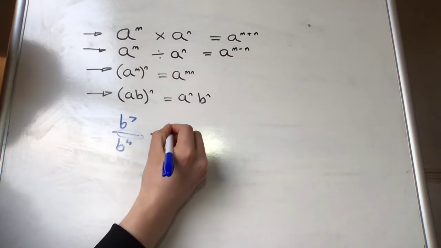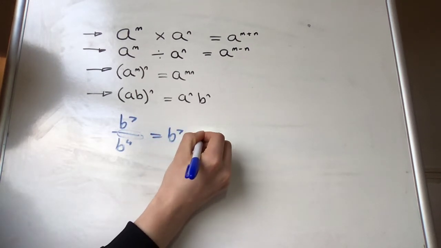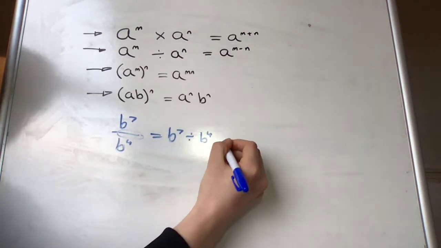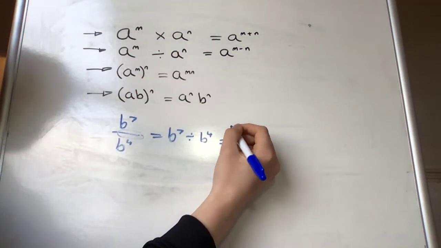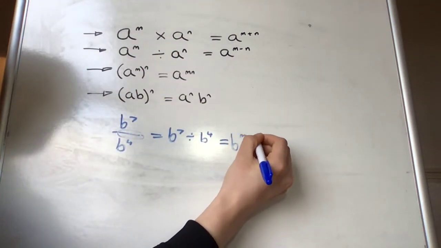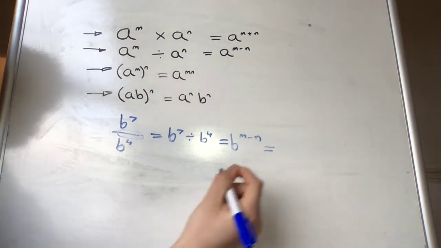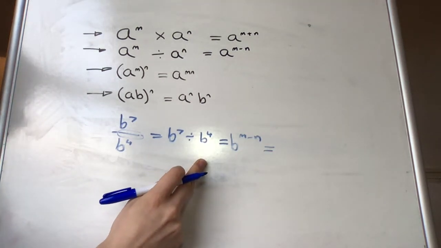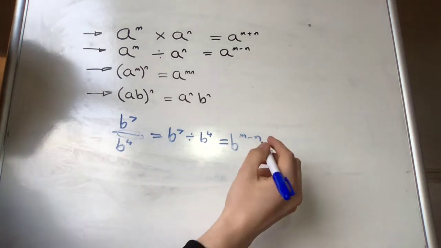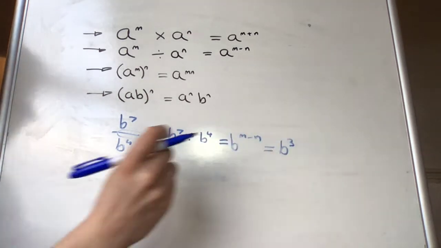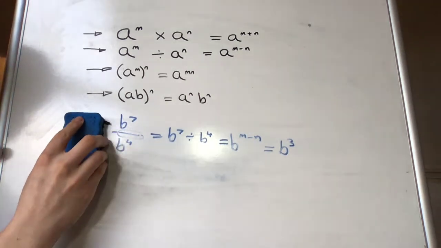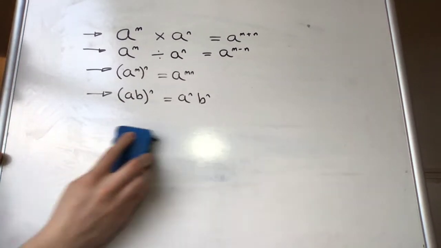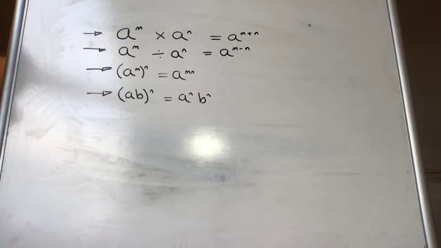So this is saying b to the power of 7 divided by b to the power of 4, and all we're doing there is taking away, m minus n. That will give us our answer of 7 minus 4, which is b cubed. Awesome.